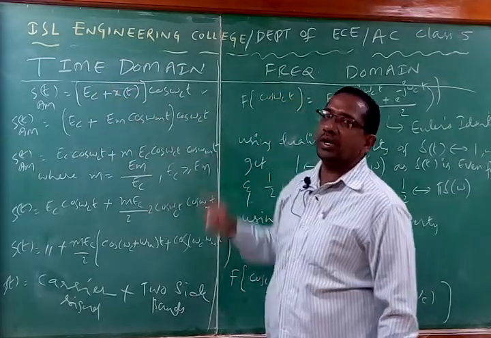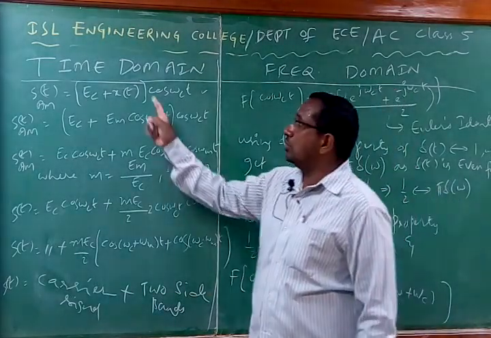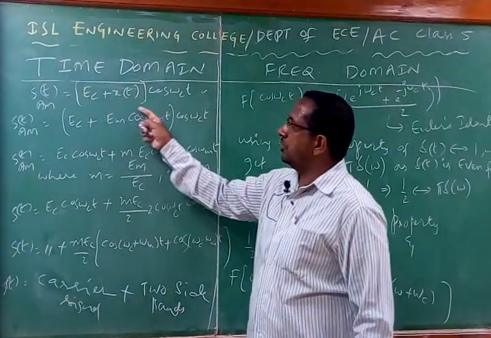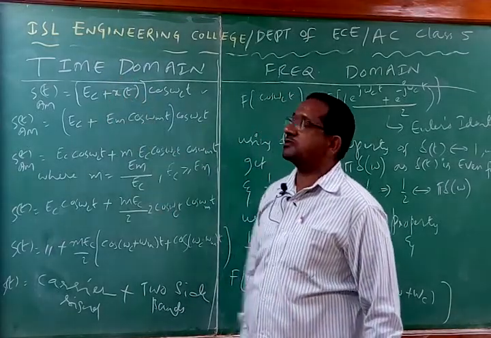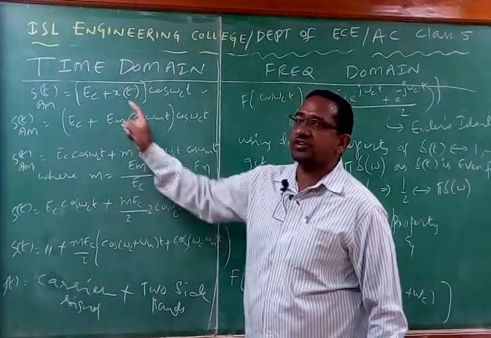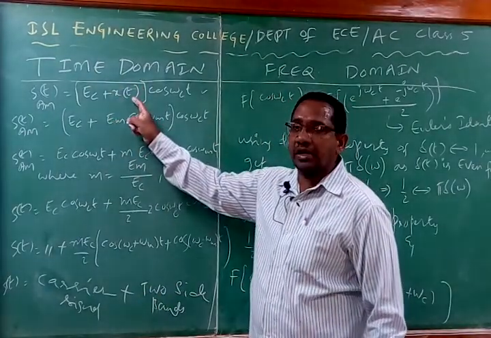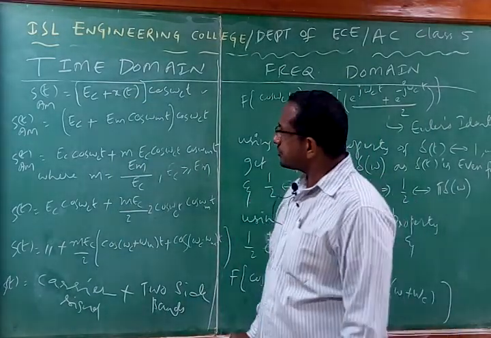So in the case of amplitude modulation, this is the key. You have to start with changing the amplitude of the carrier with respect to the message signal. This is very important for us, the first step. If the first step is perfectly correct, automatically the rest of the things are going to come to us.